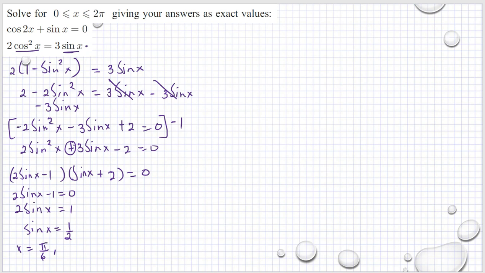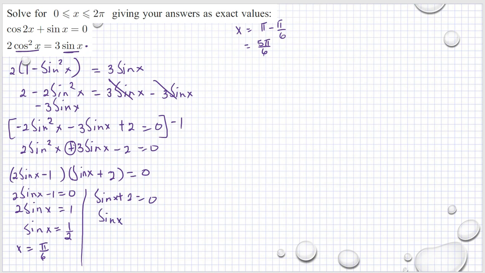And when x is equal to pi minus pi over 6 on the second quadrant, so we have 5 pi over 6. And then the next one, sine x plus 2 is equal to 0.